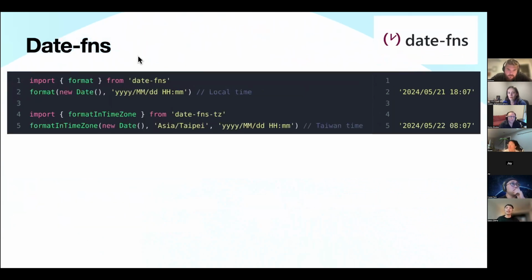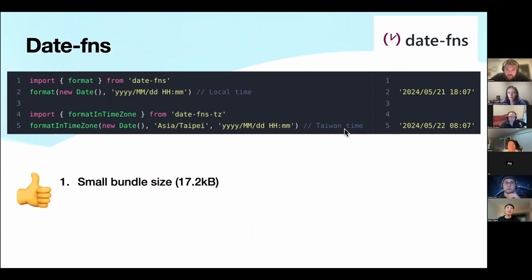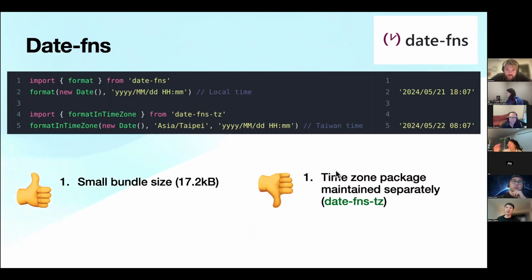The third one is date-fns. The format is pretty similar, and I can get the result here. The pros is that the bundle size is small, but the main reason I didn't use it is that the time zone package is maintained separately, which is date-fns-tz.